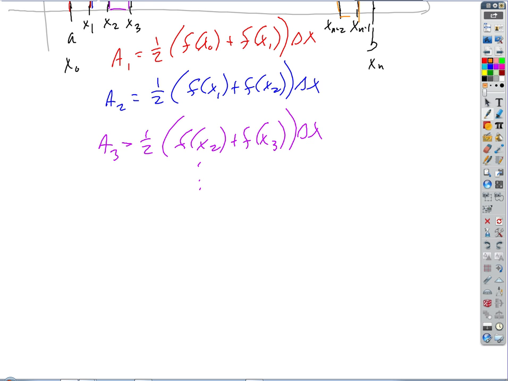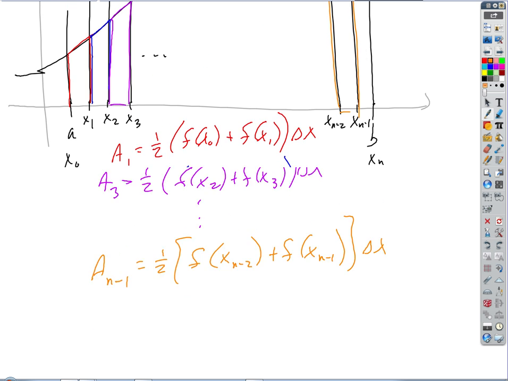A sub n minus 1, everybody agree, is equal to 1/2 times f of x sub n minus 2 plus f of x sub n minus 1 times delta x, right?